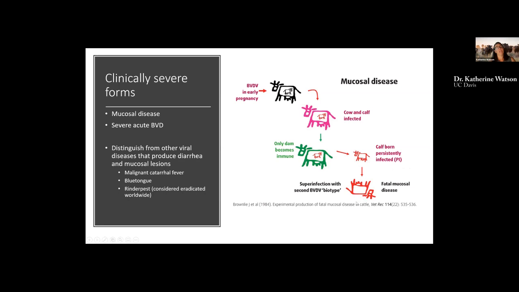It can cause severe fatal disease where you get ulcers in a lot of the tissues, or severe acute BVD. And that's what we think about with the bovine viral diarrhea virus. Like that's where the diarrhea comes from, because they get severe diarrhea and then they can get immune suppression. So then their immune system doesn't work very well and they die of other diseases.